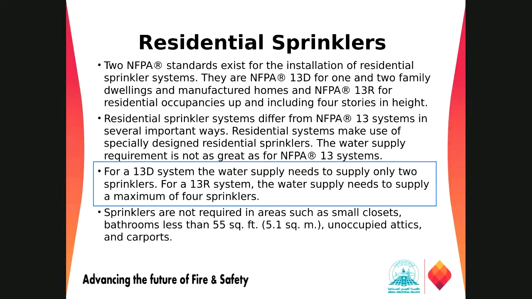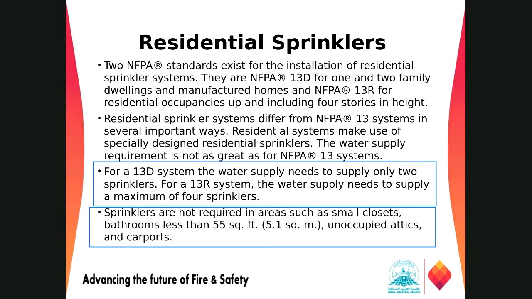And for the residential areas, we don't need a sprinkler in areas where we have bathrooms or a small closet less than 55 square feet. These are some of the requirements of 13D and 13R. Then we have NFPA 13, right?